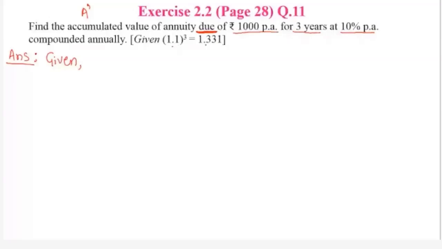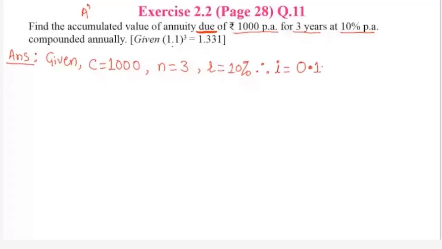Yes, it is C. C is equal to 1,000, N is equal to 3, R is equal to 10%. Therefore, I is equal to R upon 100. So I is equal to 0.1, or 0.10, you can say 0.1.